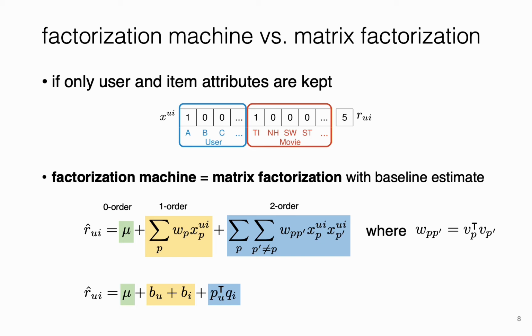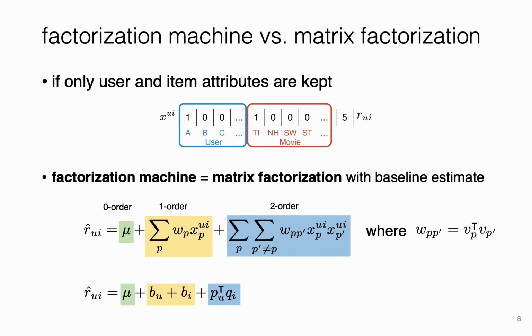To see the equivalence in the blue components, observe again that only one user and one item are active. So the product X P times X P prime gives 1 for the target user and item.